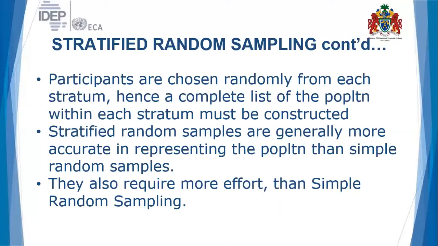Stratified samples are generally more accurate in representing the population than simple random samples. Why? Because elements are drawn from homogeneous strata rather than randomly from the whole population. They also require more effort than simple random sampling.